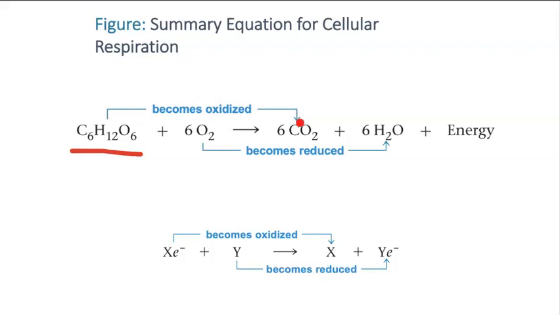So it has become oxidized. Oxidation is loss. On the other hand, these 6 oxygen molecules here, that's going to become reduced. Reduction is gain. Yes, absolutely, reduction is gain of electrons. But what we see when we're looking at the chemical formula is gain of hydrogen. So just keep that in mind as we're going along.